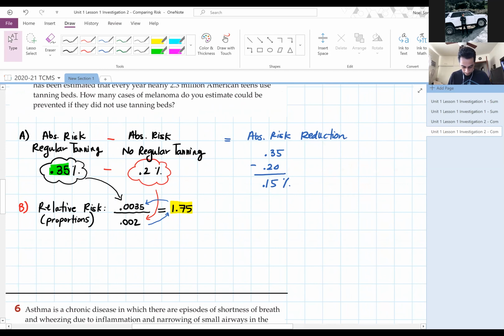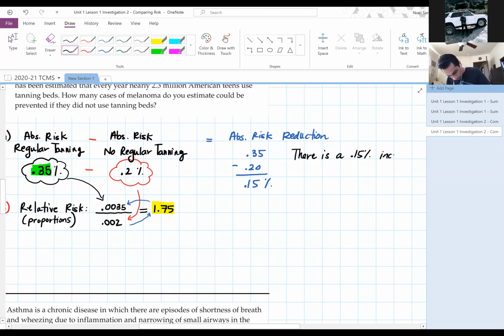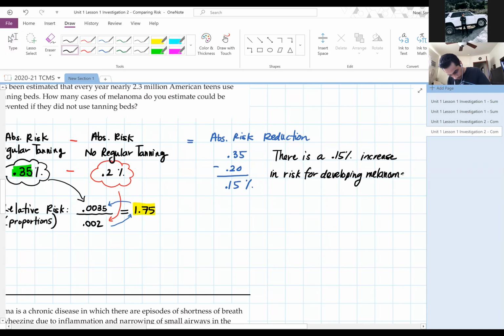So let's say that there is a 0.15% increase in risk for developing melanoma in women who regularly tan or regularly use tanning beds compared to women who don't regularly use tanning beds.